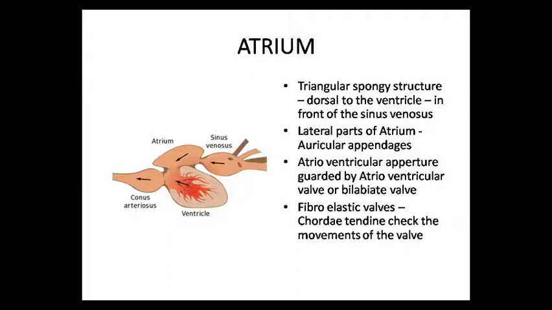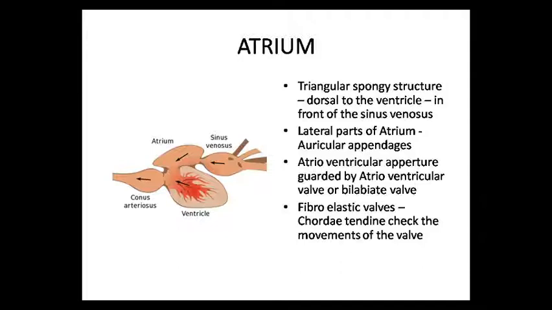These bilabiate valves are fibroelastic valves, and chordae tendineae, which arise from the wall of the ventricle, check the movements of the valves. These valves allow the blood flow only from the atrium into the ventricle. They never allow the blood flow from the ventricle into the atrium. That means they check the backflow of blood into the atrium. This is about the atrium.